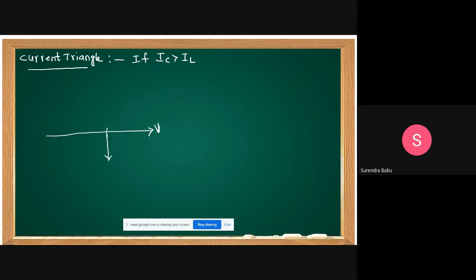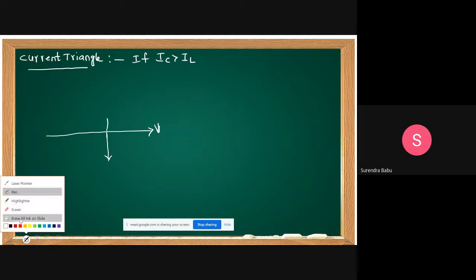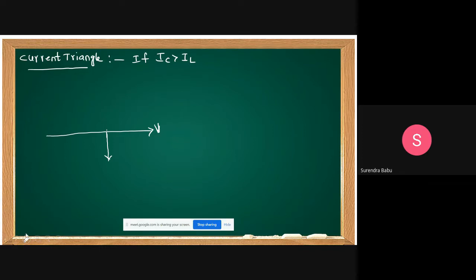But IC is more. IC greater than IL means the resultant is which side? IC side. Yeah, this is IC. But this resultant is this one. What is this resultant? IC minus IL. And this is theta.